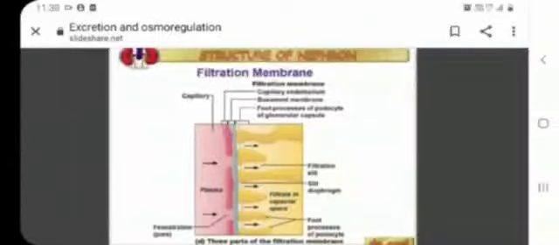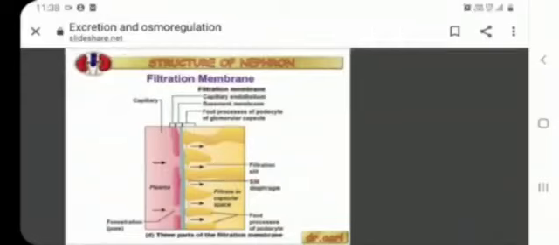Then there are the slits or the openings, the pores present in the Bowman's capsule. The filtrate in the capsular space, that is, the blood passes through these pores.